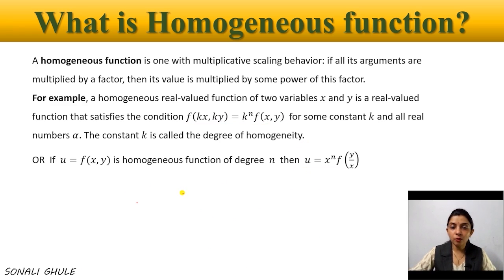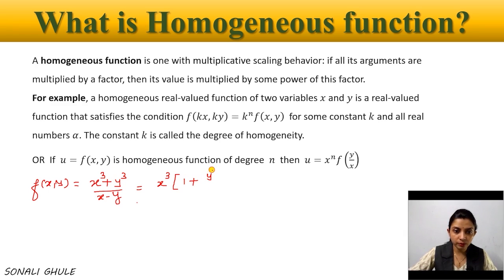So here, what I am going to do, suppose I am having the same function f of xy is equal to x cube plus y cube upon x minus y, and I take x cube common in the numerator. Then what is remaining? 1 plus, now here there is no x cube, so I have to divide by x cube, so divide the term by x cube. Then at the denominator, what you have to do?